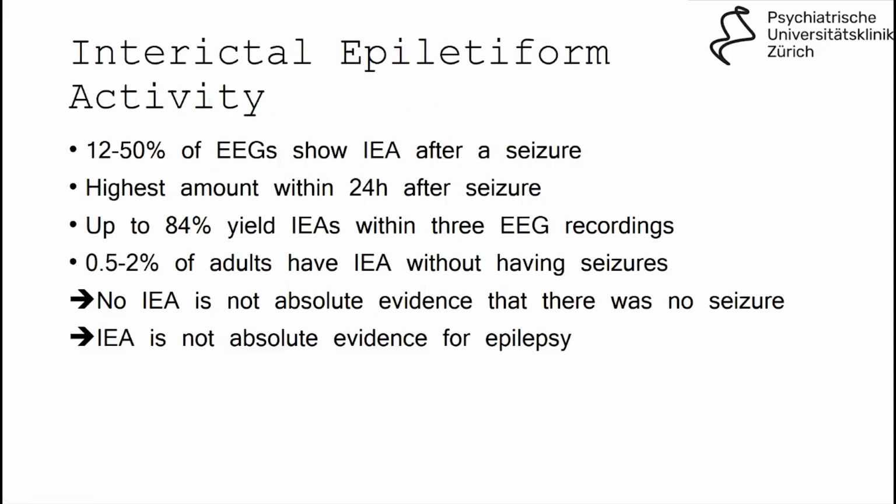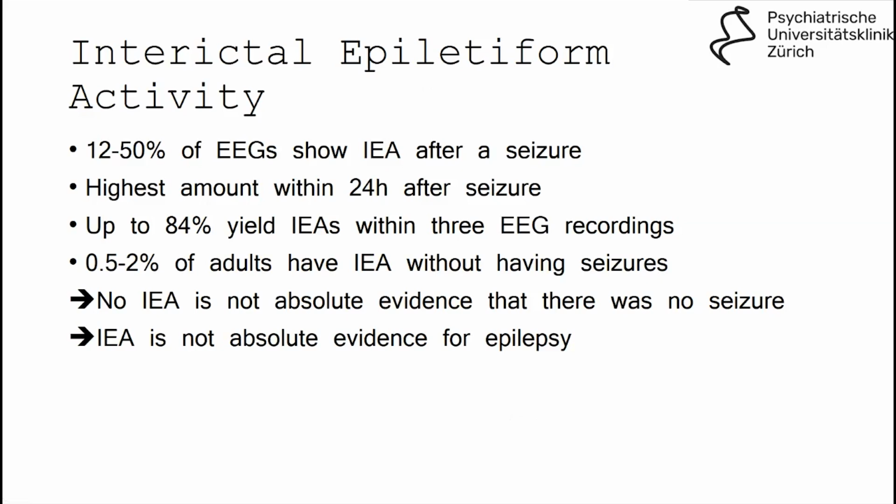If we look at the numbers, we know that 12 to 50% of EEGs show interictal epileptiform activity, IEA, after a seizure, with the highest amount within 24 hours after a seizure. So if you have a patient on the ward that has a seizure or is suspected to have a seizure, then you can do an EEG, and there's a high likelihood that you can see some epileptiform interictal activity.